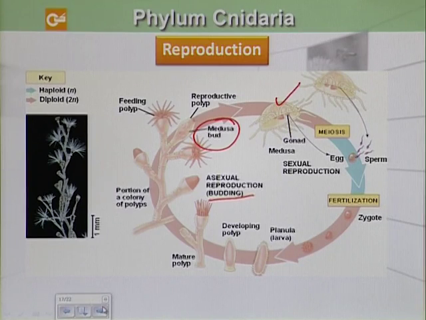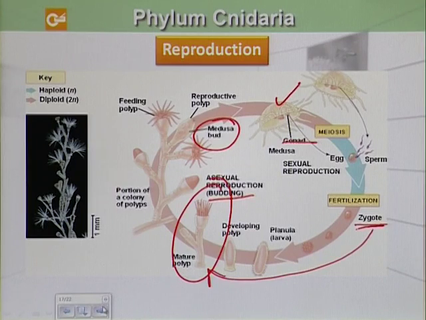We can see here the gonads being formed, and then when the gametes unite, they form a zygote, from where the Obelia colony is formed again. After the formation of a zygote, this develops into a mature polyp, and then a colony is formed.